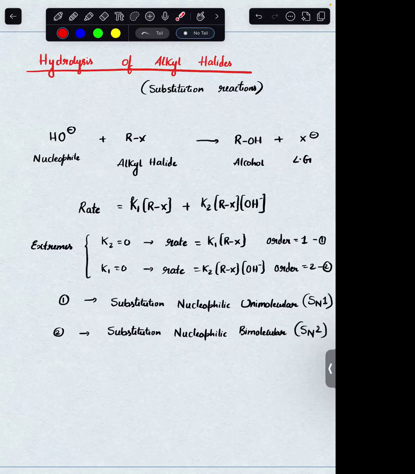It will be directly proportional to the rate of consumption of Rx, or it will be proportional to the rate constant. Okay, so K1 upon K1 plus K2 into 100 will be the percentage of the product due to order 1. K2 upon K1 plus K2 into 100 will be the percentage of the product due to second order reaction or SN2 reaction. We will look into those questions later on.